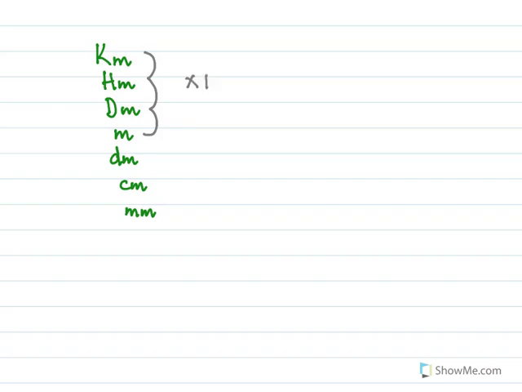So you'll have to multiply by 1000. But if you want to go from millimeter to decimeter, you'll have to divide by 100.